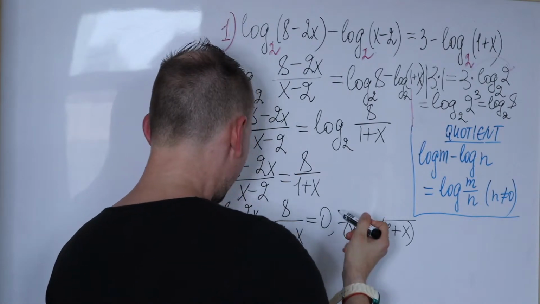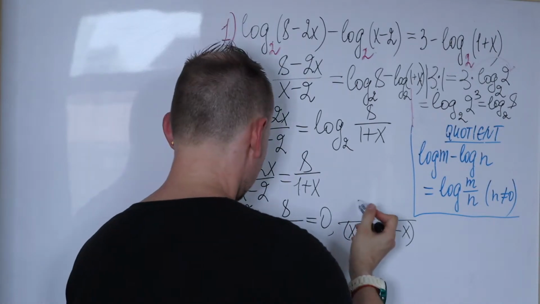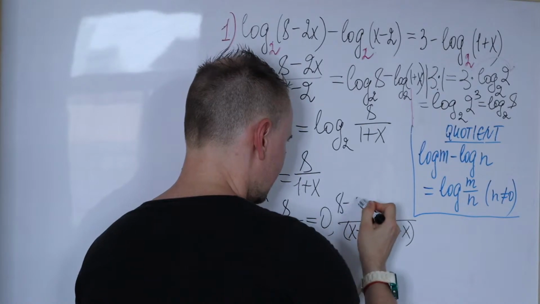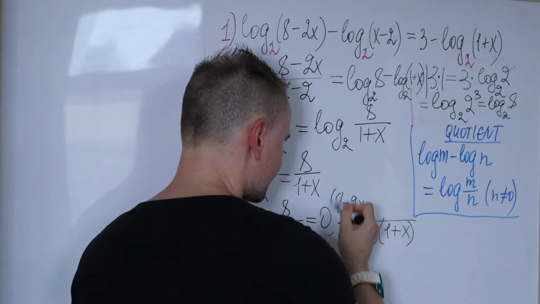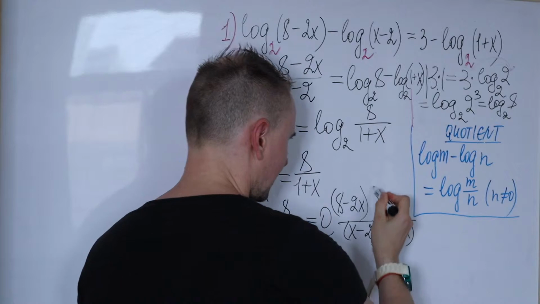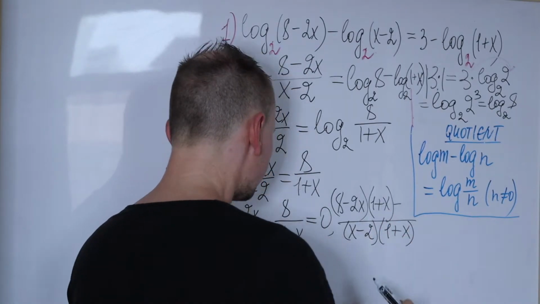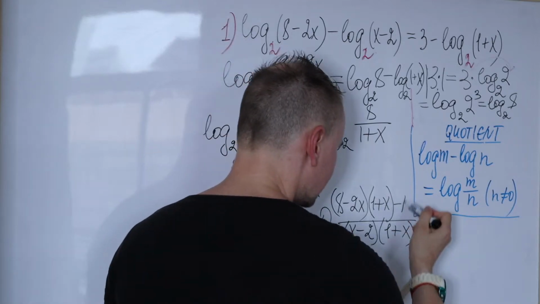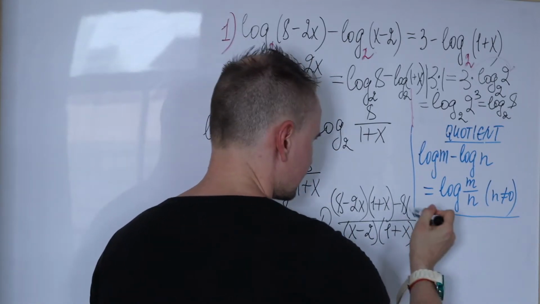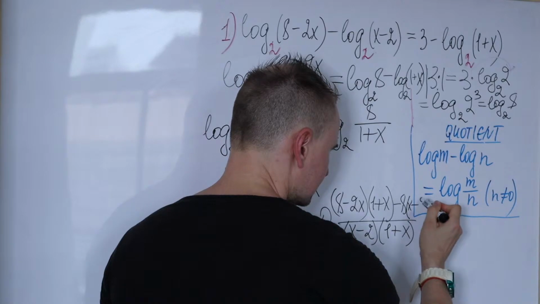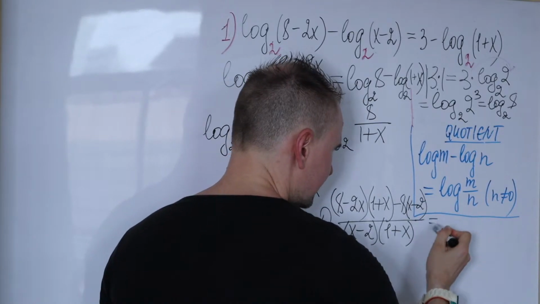And your top becomes 8 minus 2x. You subtract, this 8 gets multiplied by x minus 2. I'm running out of space.